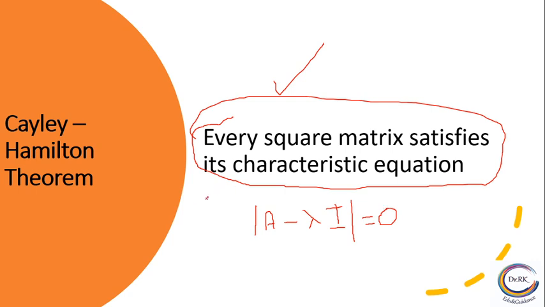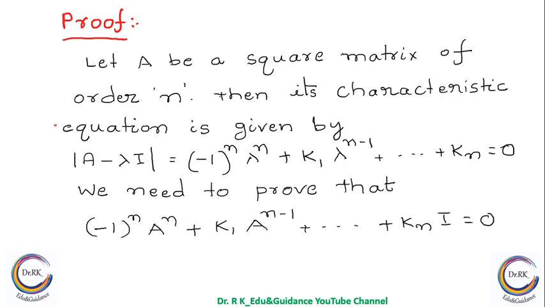So here Cayley-Hamilton theorem says every square matrix satisfies this. You will see how. Quickly we go through the proof also, because many times in many of the examinations they'll ask this: state and prove Cayley-Hamilton theorem. Okay? Right.